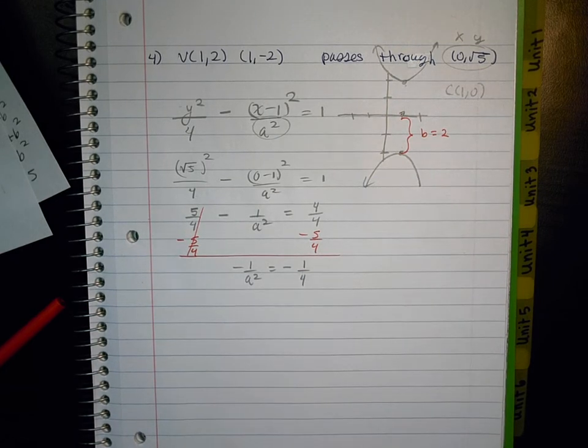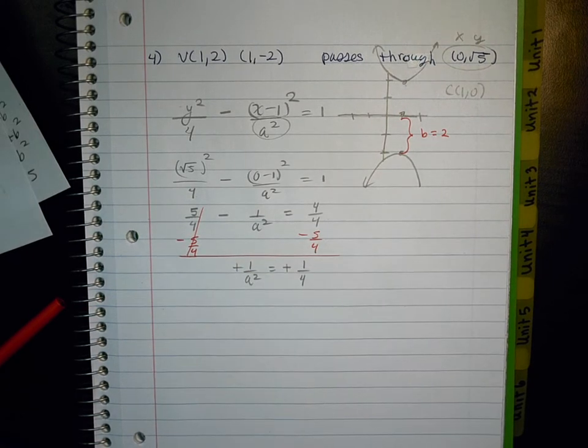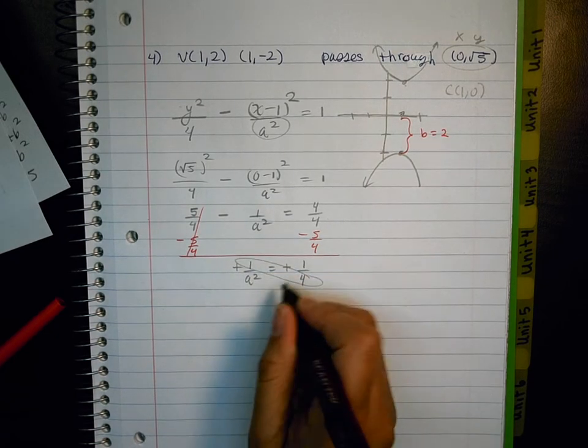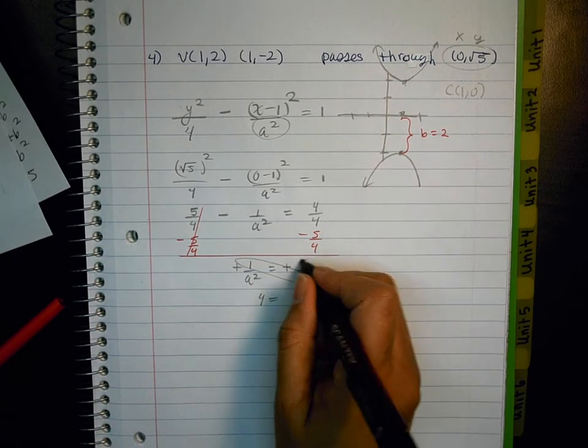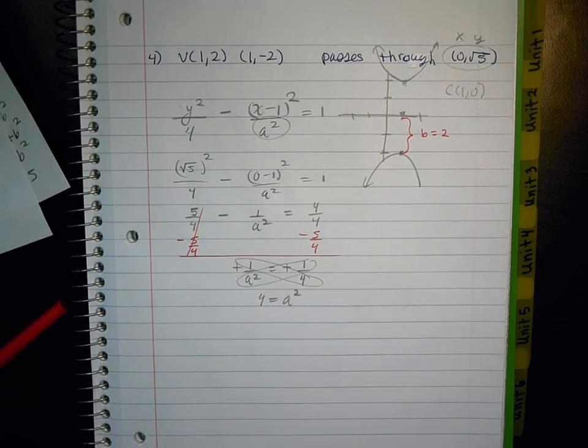Okay. Solve however you want to solve. I'm going to cross multiply. I'm going to cross out the two negatives because I know they're going to cross out. And then I'm going to cross multiply. 1 times 4 is 4. A squared times 1 is a squared. I do not have to square root because a squared is what I'm looking for.